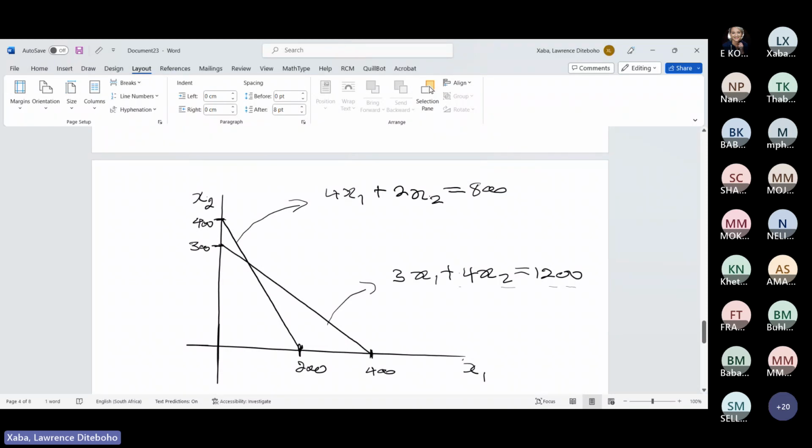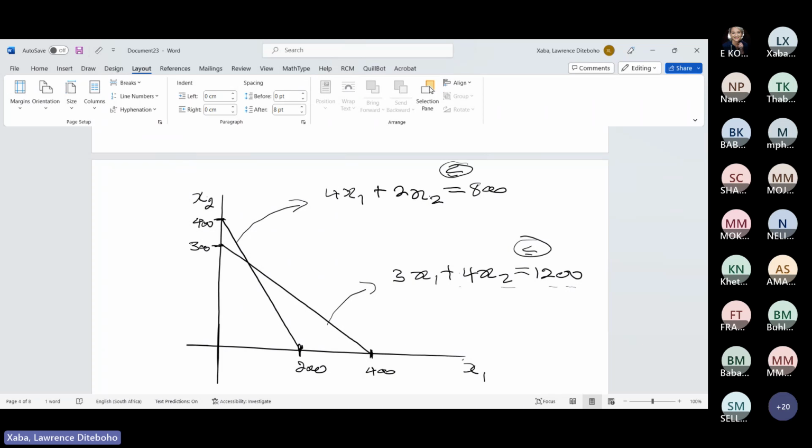Okay. Now because we managed to do our graph, the next step, if you remember, originally we had at most, less than or equal to. So we want to use the given information to find our feasible region. To know our feasible region, we look at the original sign of our equations.